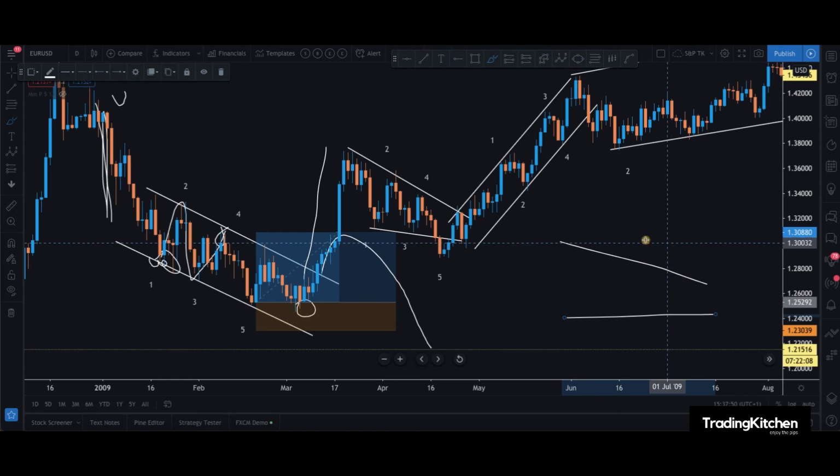The channel could also have this shape. So impulse up, channel down, so the 0 is here, 1, this point, 2, 3, 4, and then people wait for 5 here.